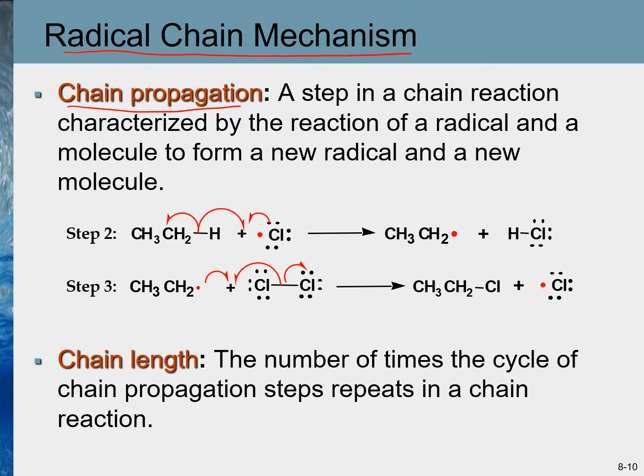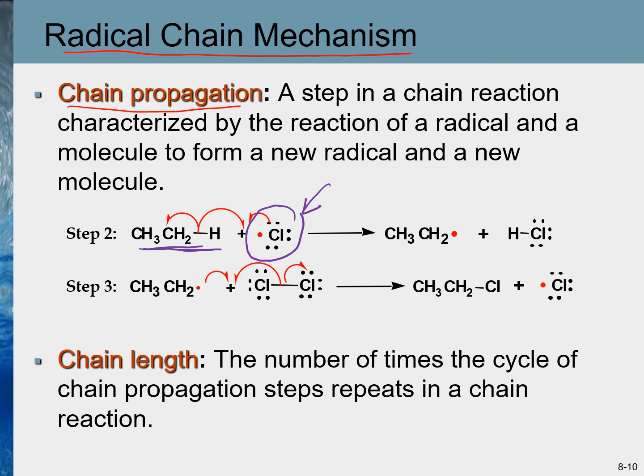The second step of radical chain mechanism is chain propagation step. The characteristic feature of a chain propagation step is reaction of a radical and a molecule to give a new radical. For example, in case of chlorination of ethane, the first step, which was chain initiation step, resulted in formation of a chlorine radical. So in chain propagation step, this chlorine radical will react with a molecule, and that molecule is ethane molecule.